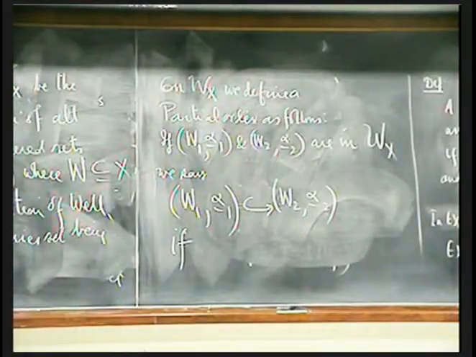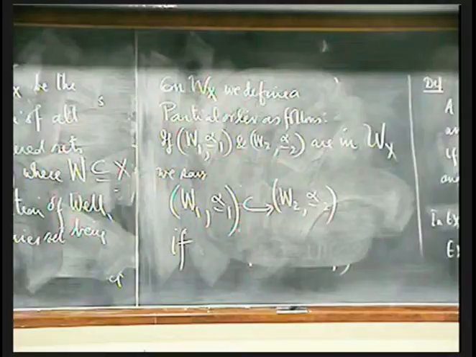Given two well ordered sets, I will say one of them is related to the other if the following condition is satisfied. If not, I will say they are not related, because I am talking only about a partial order. If certain conditions are satisfied, I will say these two fellows are related in this way. Otherwise, they are not related. What is the relationship?